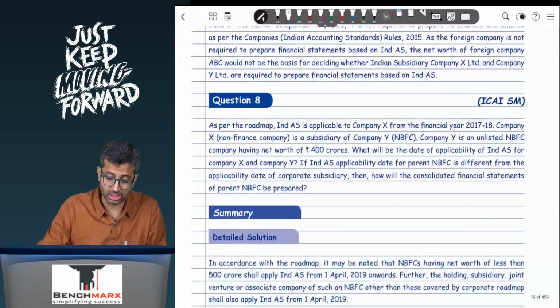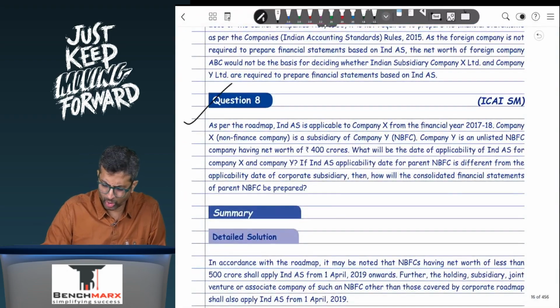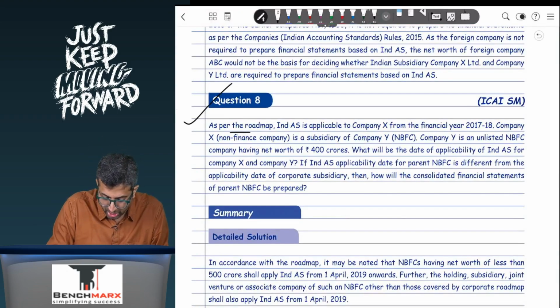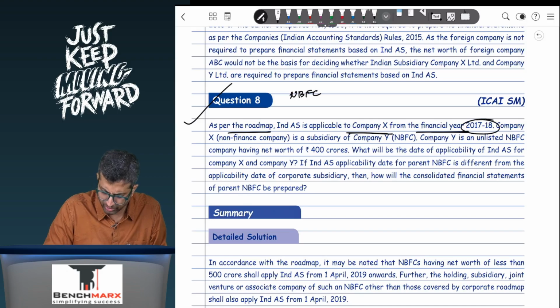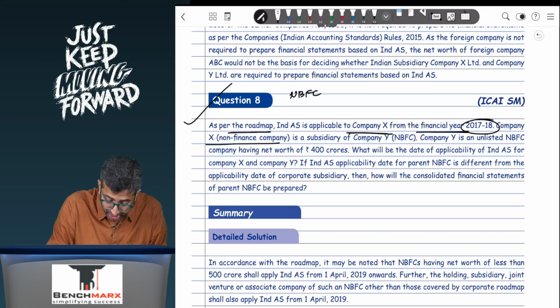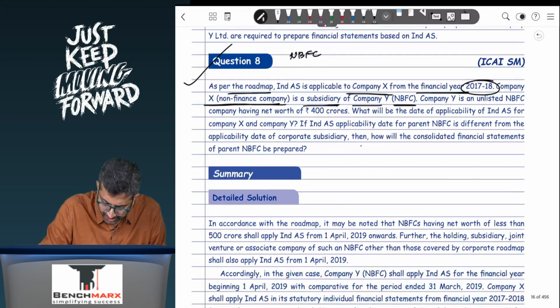And then you have question number 8. Now question number 8 is on NBFCs. As per the only question on NBFC, I believe, as per the roadmap, Ind AS is applicable to company X from the financial year 17-18. Okay, it is given to you that it is applicable. Company X is a non-finance company, a subsidiary of company Y, which is an NBFC.